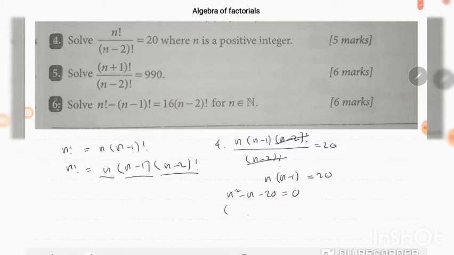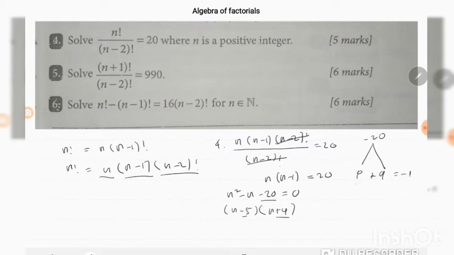Then you can find the roots. So n minus 5 and n plus 4, because negative 5 times 4 equals negative 20, and negative 5 plus 4 equals negative 1. It simply means, let's say the roots are p and q, so p times q equals negative 20, and p plus q equals negative 1.